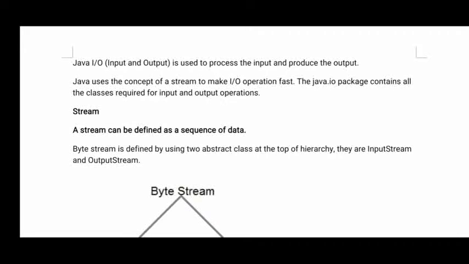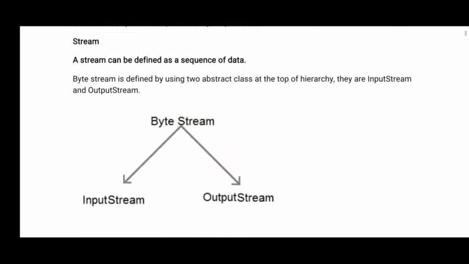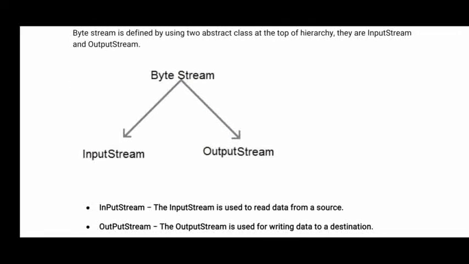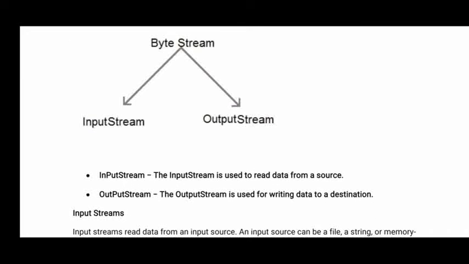So that is nothing but a sequence of characters. Now in Java we have two types of streams. One is the input stream and the second one is the output stream. Input stream means, for example, I want to take a string from a user. Enter your name. The user will give, for example, my name is ABCD.